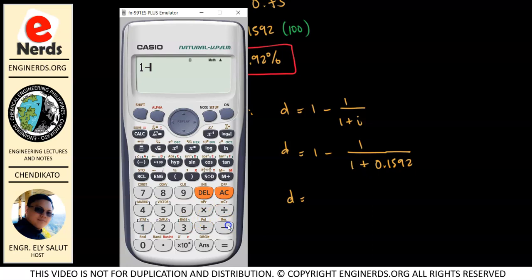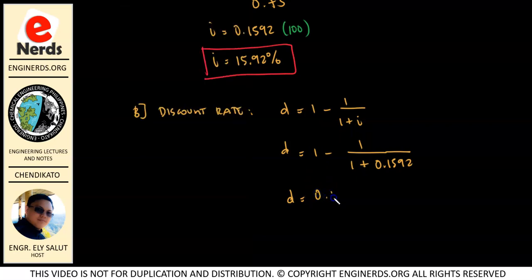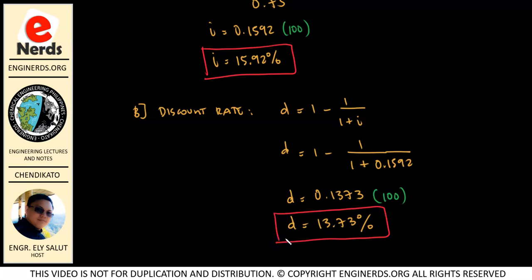So 1 minus our answer gives 0.1373. This is our discount rate. To get the percentage, we multiply that by 100, so our discount rate is 13.73%. So that's our final answer for this question.